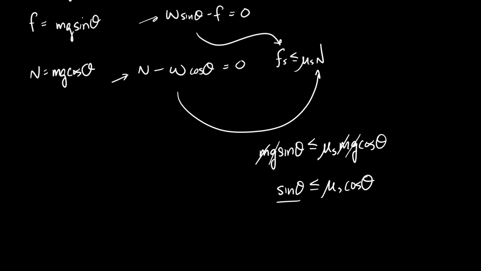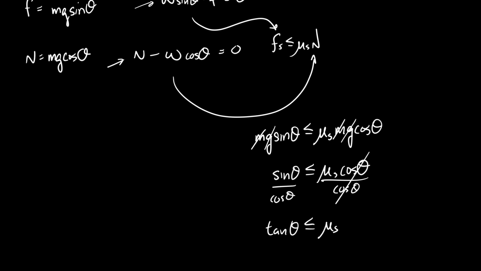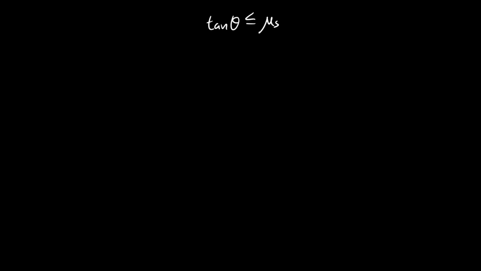All right, so I'll divide both sides by cosine. That gets rid of it on this side, and sine over cosine is tangent. So I get tangent of theta has to be less than or equal to mu s. This is a threshold, right? It's telling me that my angle has to be less than or equal to this value. Now, to figure out the value, of course, you would then have to do your substitution and put your numbers in.